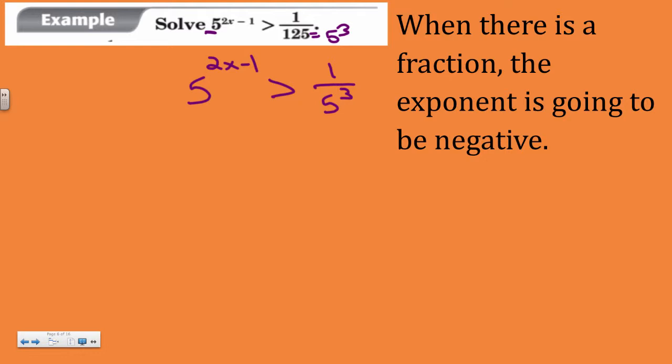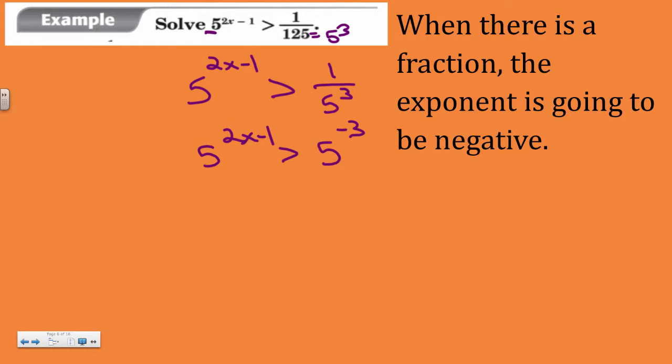Well, the trick with any fractions or any numbers on the bottom of the fraction with exponents, I can rewrite them as a negative exponent. So this right side here can be written as 5 to the negative third.